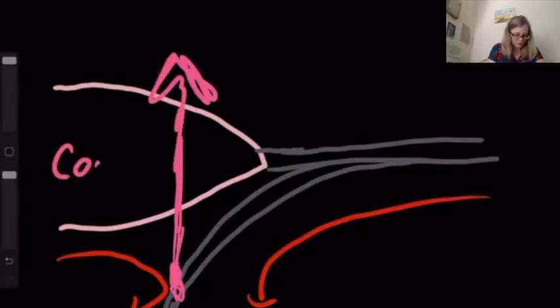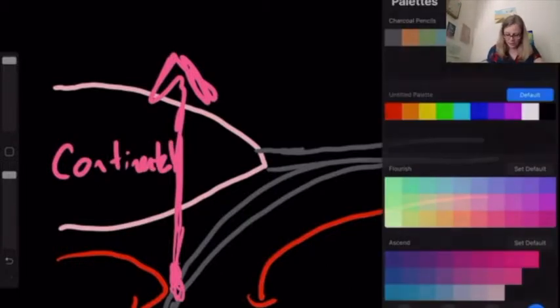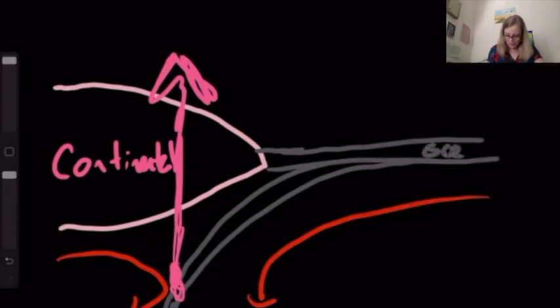So this is continental crust here. And this over here that's gray is the oceanic, the mafic oceanic and the felsic to intermediate continental crust. That's really important to separate those two because it will make different types of minerals based on what was melting and how it was being formed.